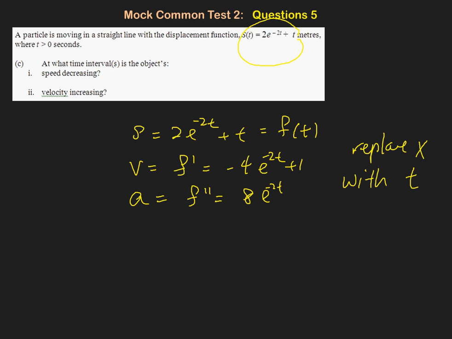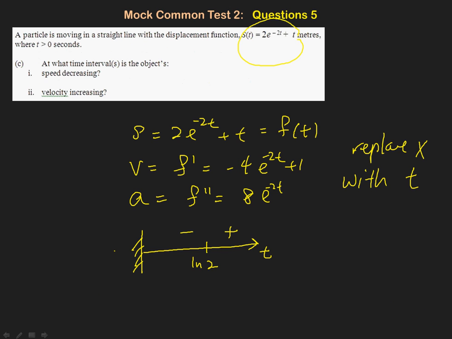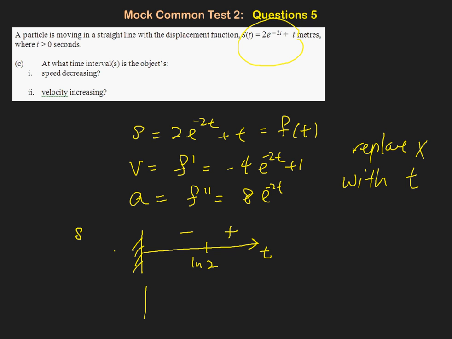Now let me place a sign diagram. T would never be 0. I already discovered this. This is time, so positive, negative. But please check it out right here, this sign diagram. Remember that. This is the sign diagram of v.